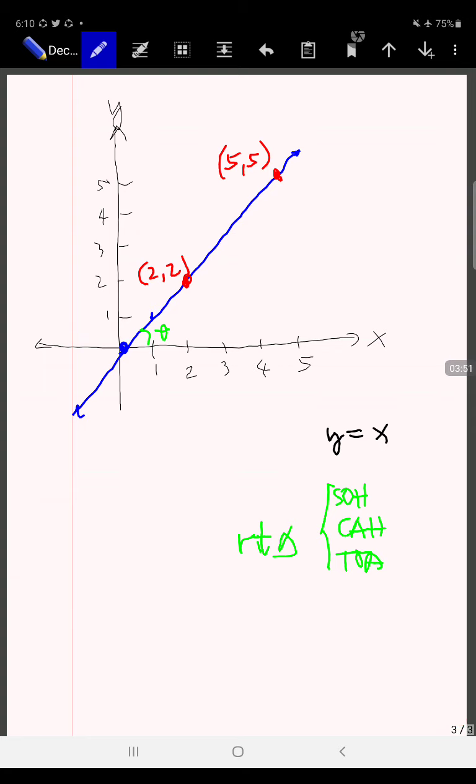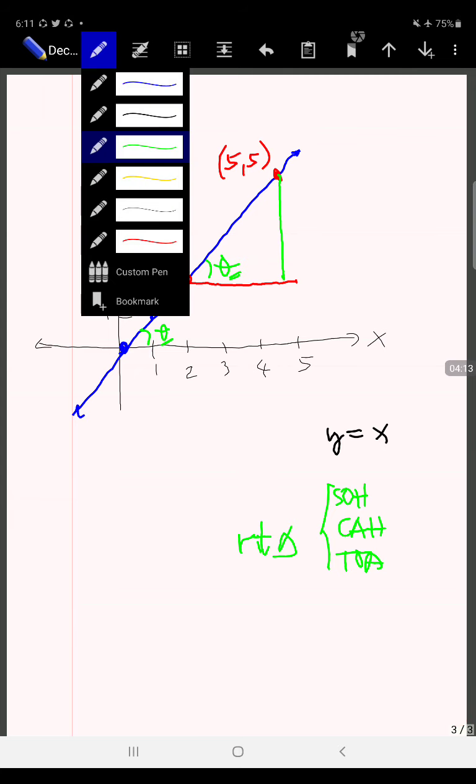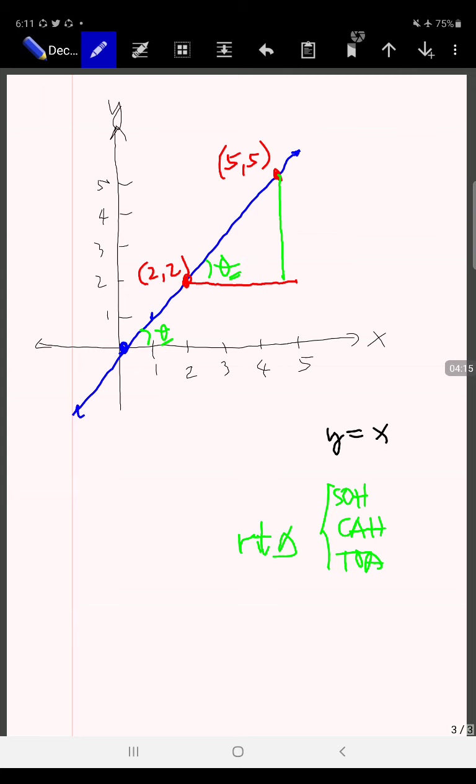By angle of inclination, we mean this, theta. Of course, this theta is the same as this theta because the red segment is parallel to the x-axis. To construct the right triangle, we're just going to close it here. So let's close it. So we now have a right triangle.